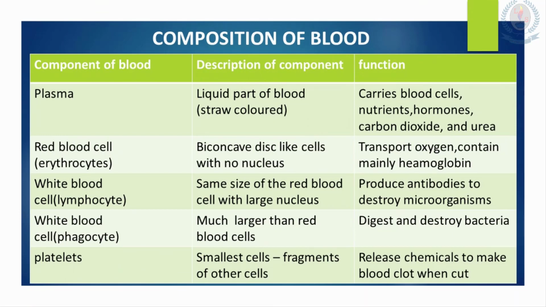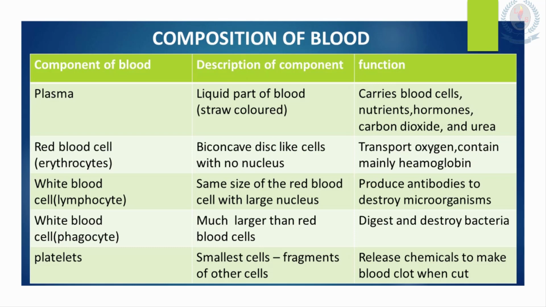Now we will see the composition of blood. Blood is actually a complex tissue. It has several types of cells suspended in a liquid called plasma. Plasma is a watery fluid that contains many dissolved substances.